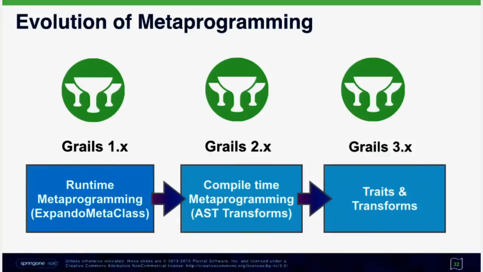Okay, so let's talk a little bit about the evolution of metaprogramming and how that all works in Grails. So in Grails 1, in order to make Grails what it is, we used a lot of runtime metaprogramming, where we modified the meta class.